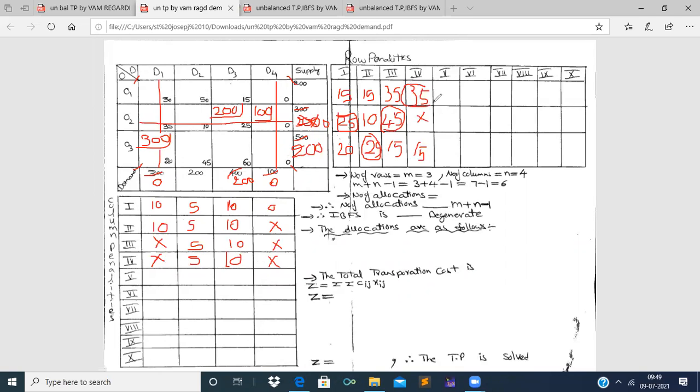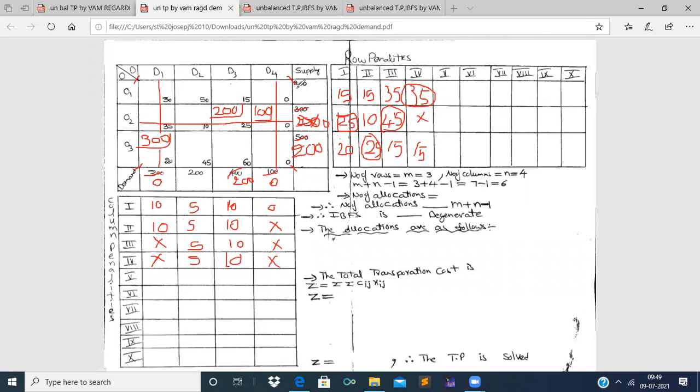Therefore, we put this 35 in a block and enter its corresponding row, and we select the least cost, that is 15, in the block O1 D3, right? For this 15, the corresponding demand is 200 and the corresponding supply is also 200.